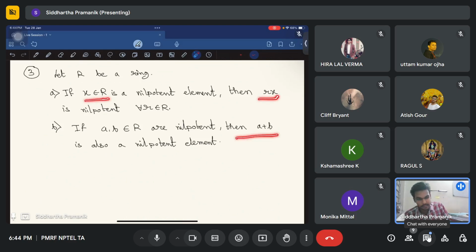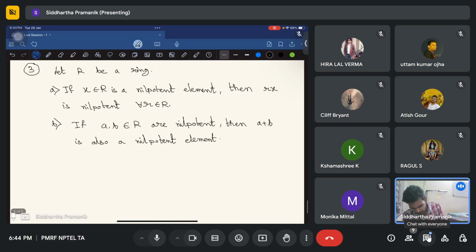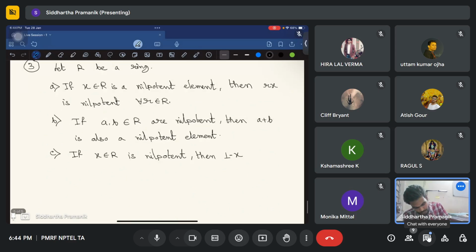And in this case, if you take two nilpotent elements, then their sum is also a nilpotent element. The third one: if x belongs to R is nilpotent, then the element 1 minus x is a unit.